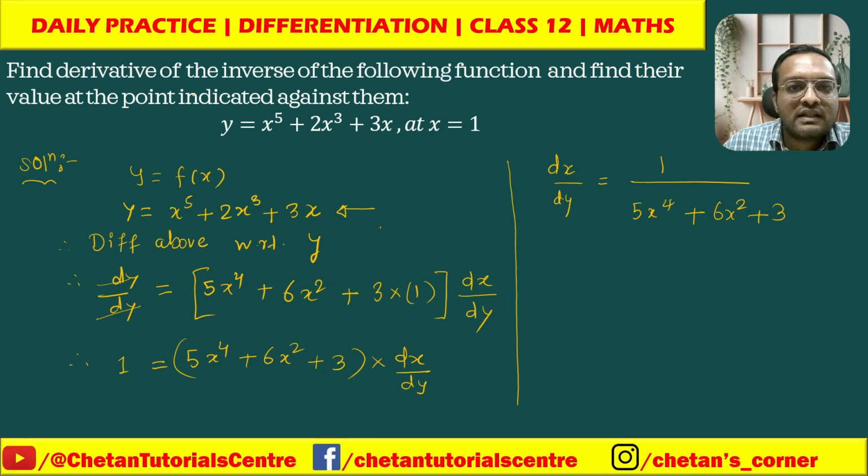Now we have to find the derivative of the inverse function of the following at the value indicated against them. So x is equal to 1 is the value of x indicated against the given function.